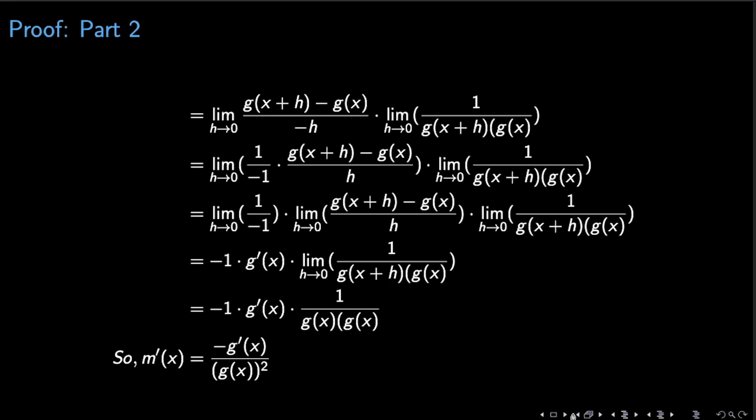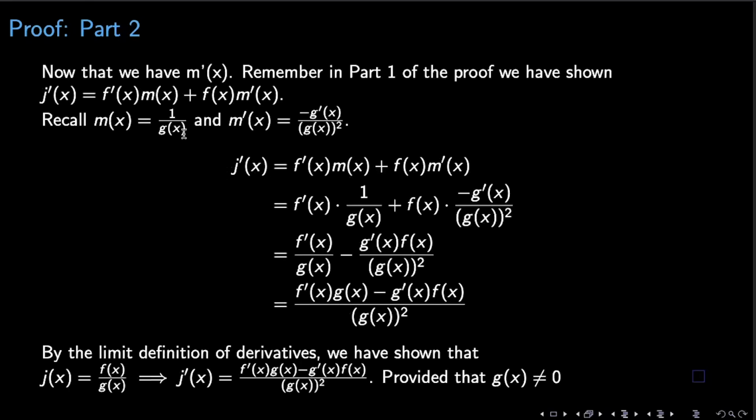Now that we have m prime of x, remember in part 1 of the proof, we have shown j prime of x is in some form of a product rule: f prime of x times m of x plus f of x times m prime of x.